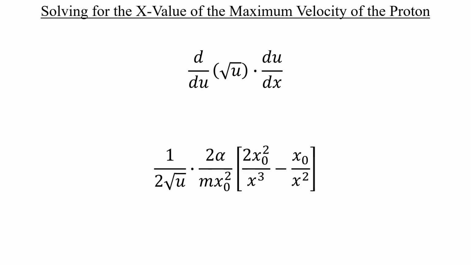The derivative of the square root function gives us 1 divided by 2 times the square root of u, and we're multiplying that by everything that we got from before. The final step in this chain rule is converting from u back to x. So let's grab our u expression and plug that into the square root in the denominator.